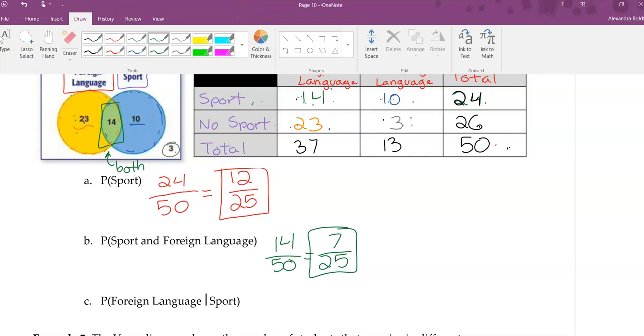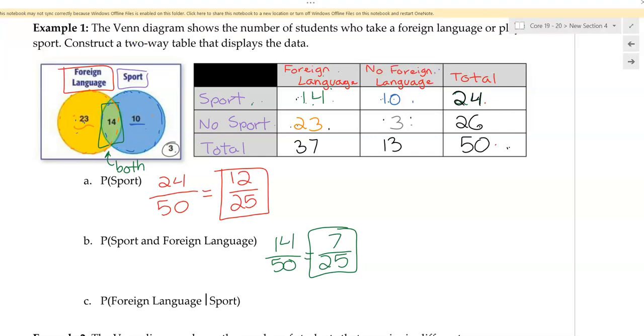Now our last one, the probability of foreign language given sport. Again, remember this line means given. So we have to write our formula. It's the probability of A and B over our probability of A. Well, again, B comes before, A comes after.